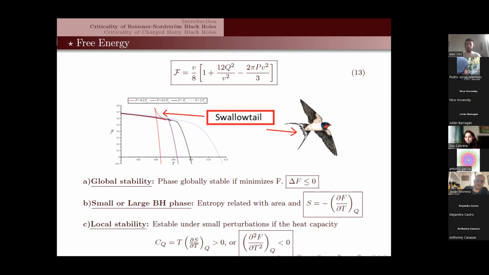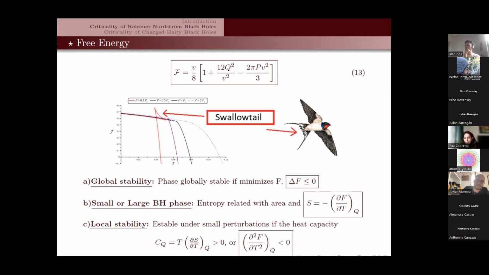Then phase transitions occur if the preferred path, varying some parameter, T in this case, presents a discontinuity in some order of the derivative. Here, for example, this is the path that the system follows, and here is a discontinuity in the first derivative. So here is a phase transition.